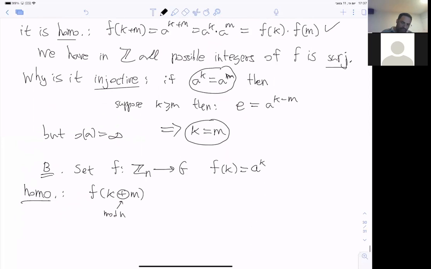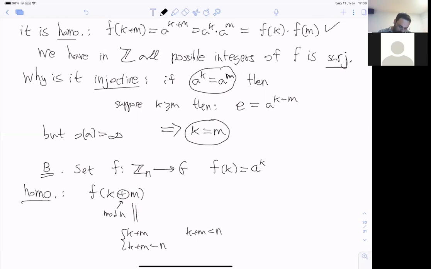So what is K plus M modulo N? I mean, there is a chance that K plus M exceeds N. So in this case, if K plus M is less than N, then this is the same thing.